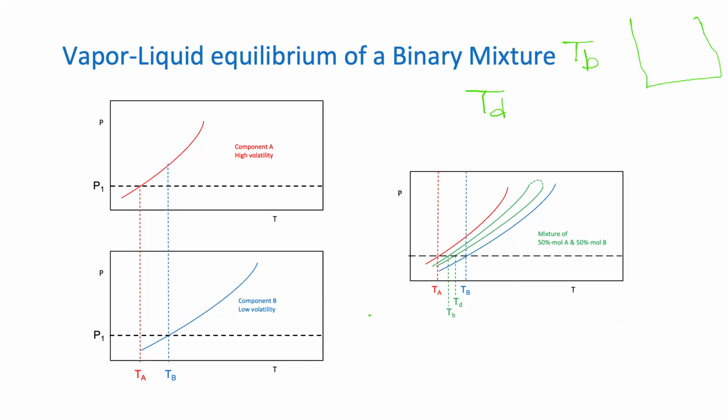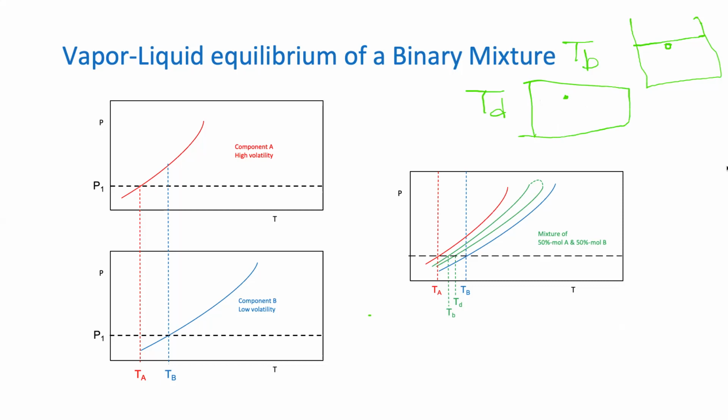If we have a jar full of liquid, and when there is one bubble of vapor, it's called the T bubble, when it is saturated liquid atau cair jenuh. And the T dew is when you have a room full of saturated vapor, and when you just lower the temperature a little bit, there would be one drop of dew. Ada satu uap jenuh, so that means the T dew.